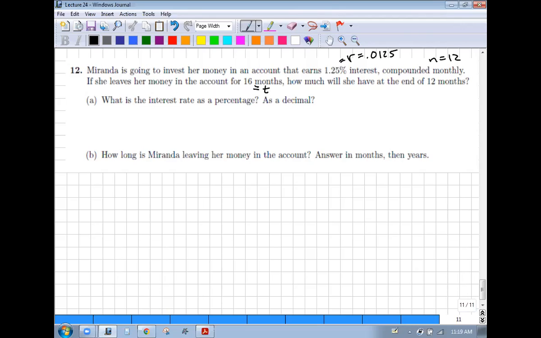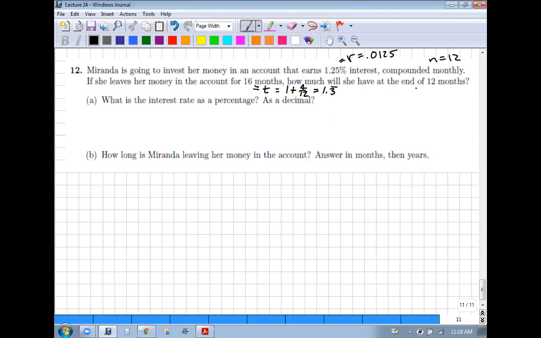You cannot plug 16 in. 16 months would be a year and 4 months, right? So that would be 1 plus 4 over 12. 4 out of 12 is a third. So this would be 1.3 repeating years.